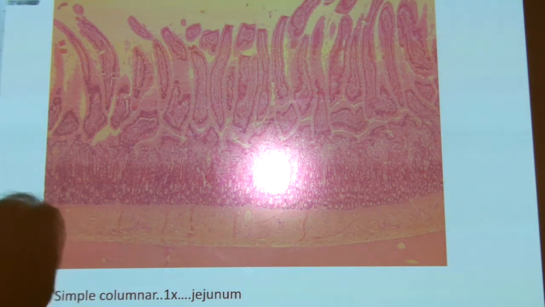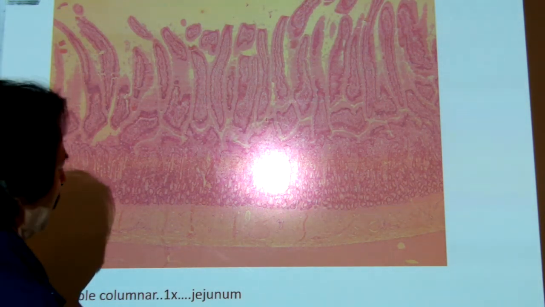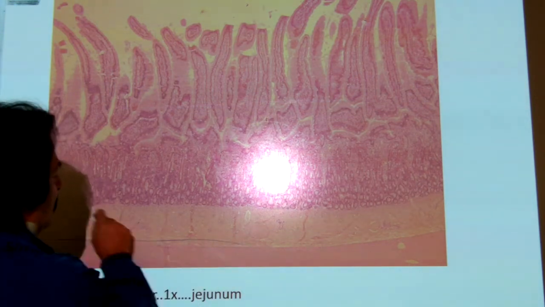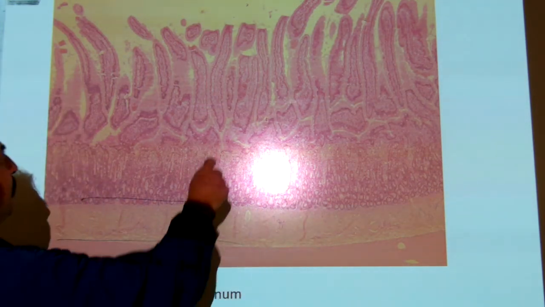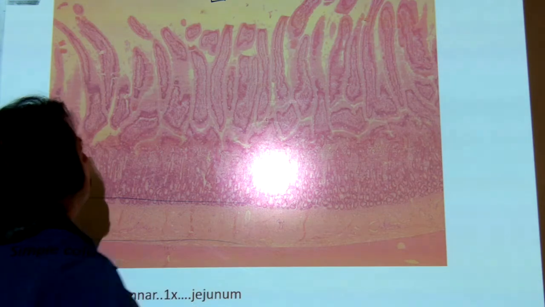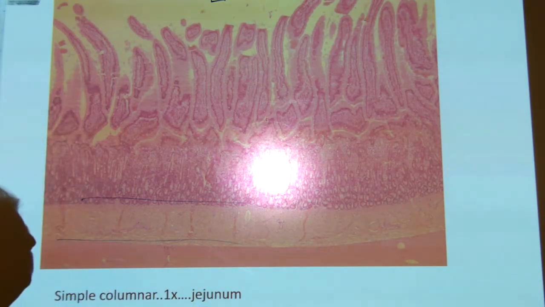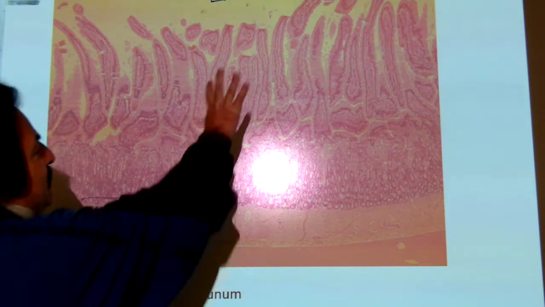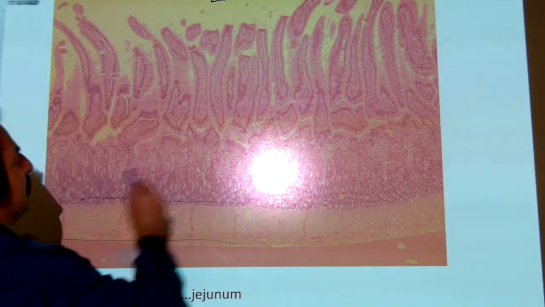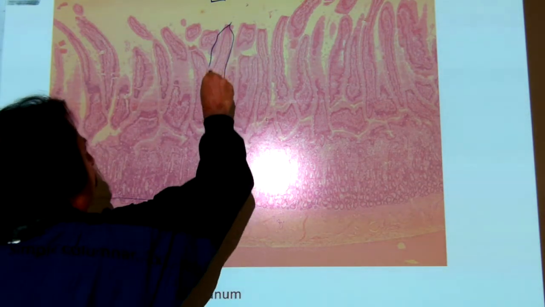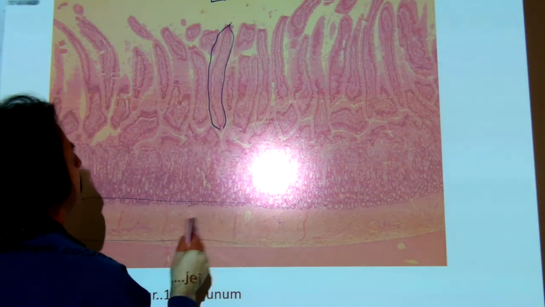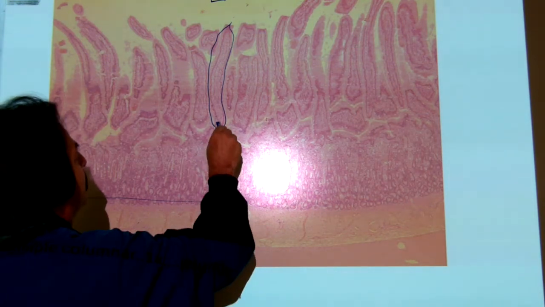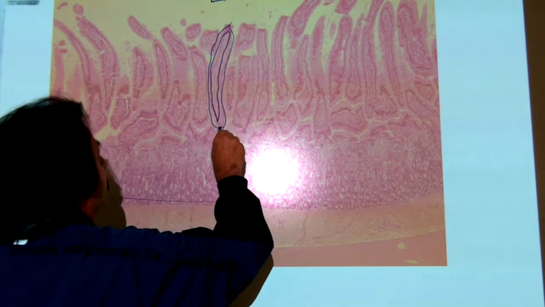So anyway, the jejunum, small intestine. All right. Good connective tissue all down in here. This is the lumen of the small intestine, and you see these finger-like projections. Okay, there's a finger. Okay, actually that's the glove. Inside is the finger.